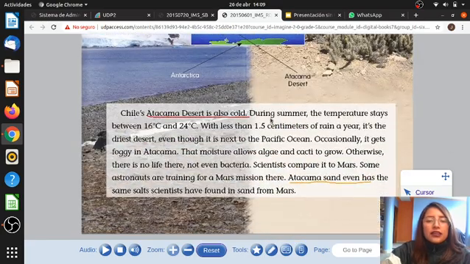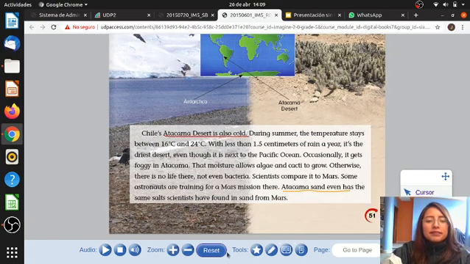And another important point is scientists compare it to Mars. In the case of the Atacama desert, it is also cold. Y los científicos comparan el desierto de Atacama con Mars, a planet. Okay.